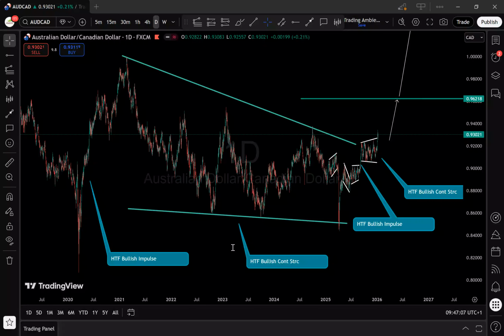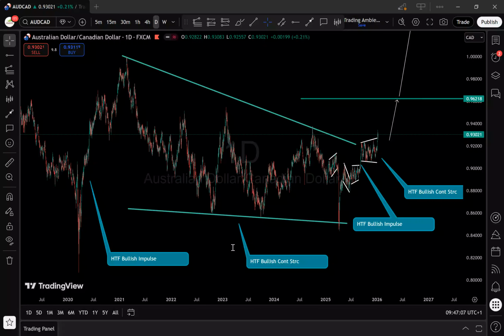On AUD USD, the structures look alike. We have a bullish impulse and overall bullish continuation structure right here. But going down a bit, at the base of the higher time frame bullish continuation structure, we have a bullish impulse.